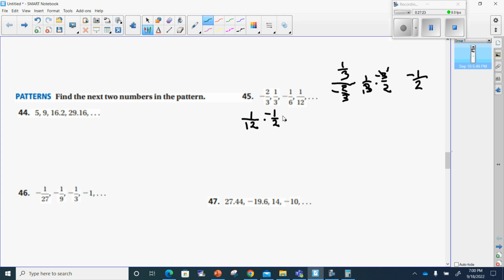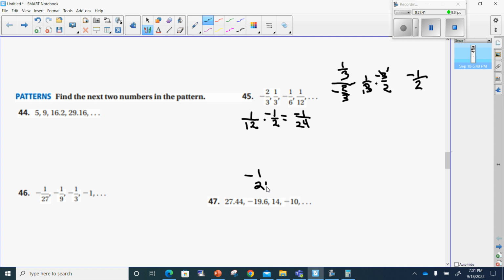So my next number is going to be negative 1 times 1 is negative 1, and 12 times 2 is 24. So my first number here is going to be negative 1 over 24.